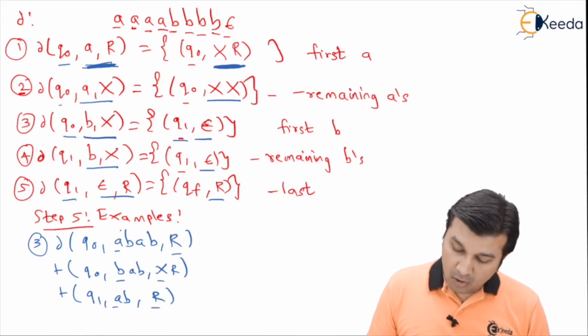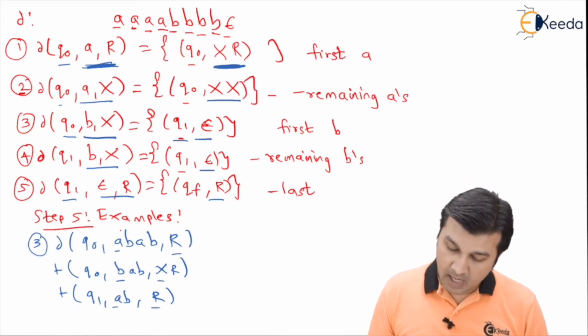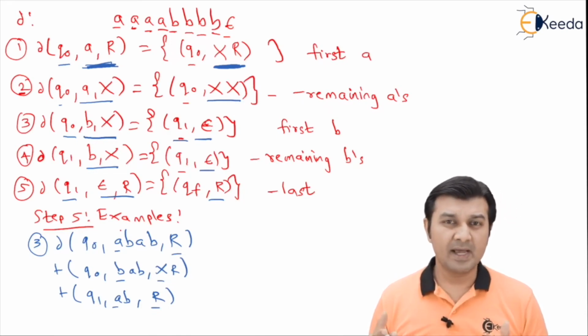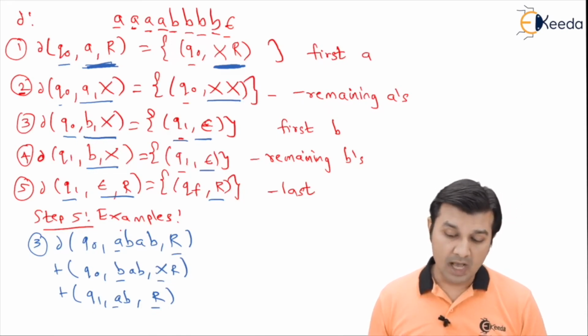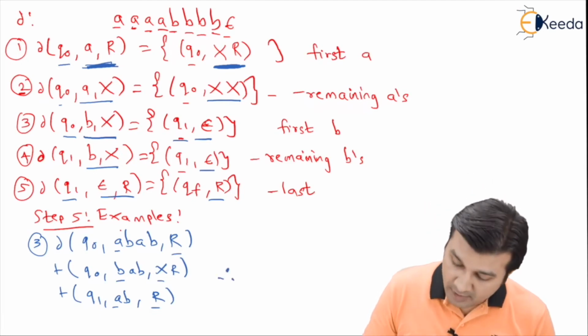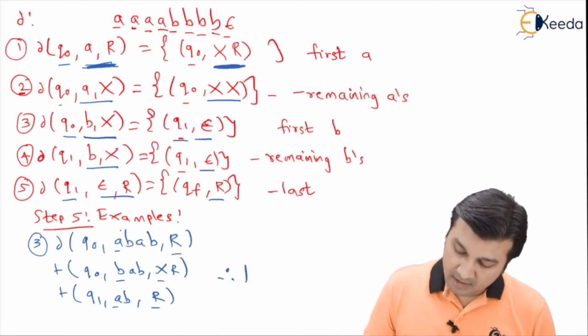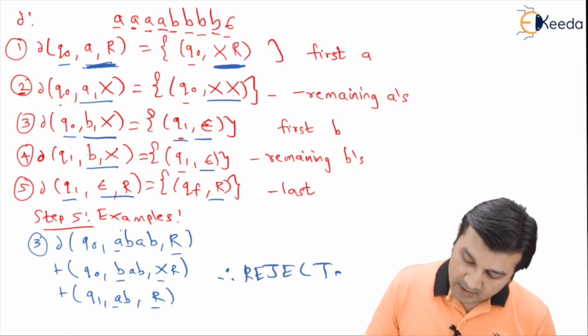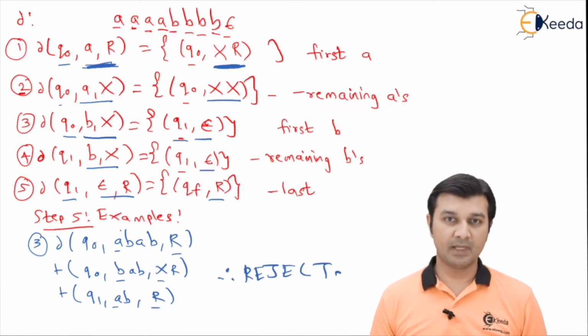Now Q1 on A when the stack top is R, Q1 state is not accepting A at all. If you observe the rules, I don't find Q1 on A when the stack top is R, and that's where my PDA instantly concludes that this input will again be rejected by my machine, right?